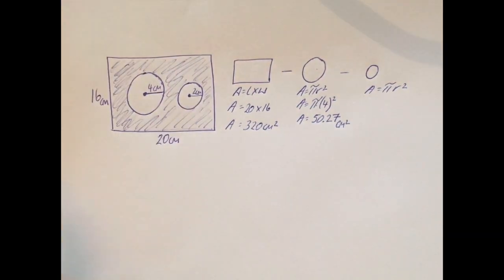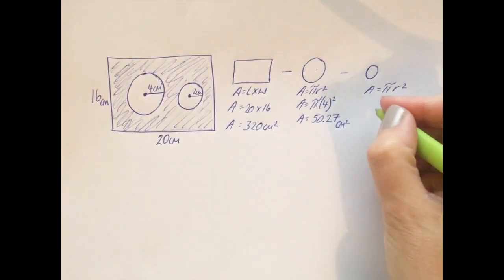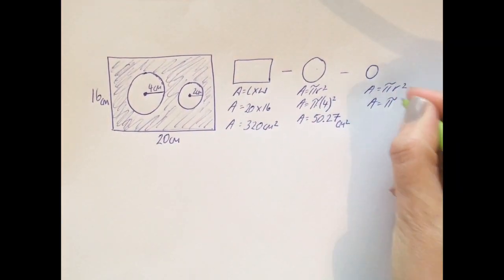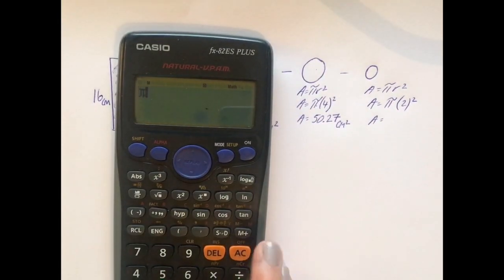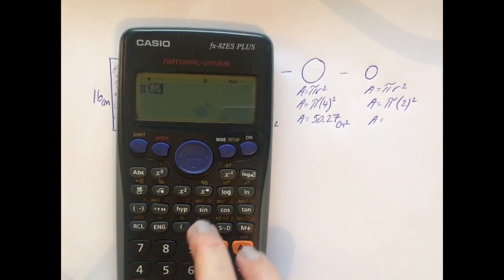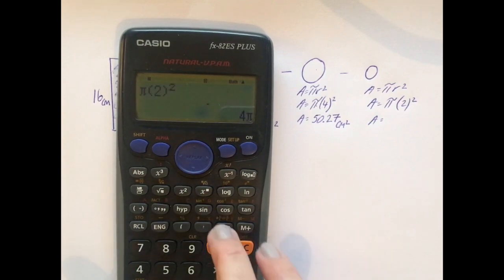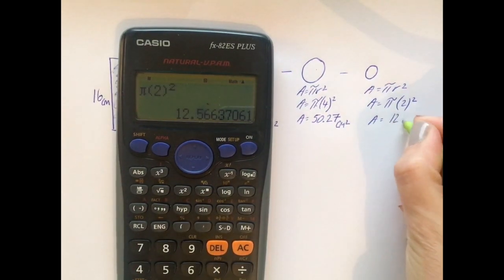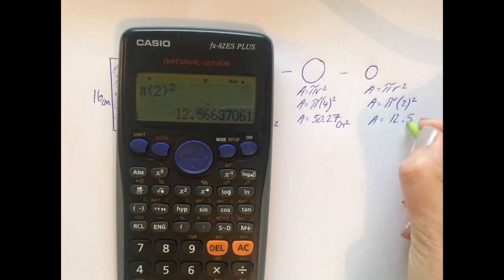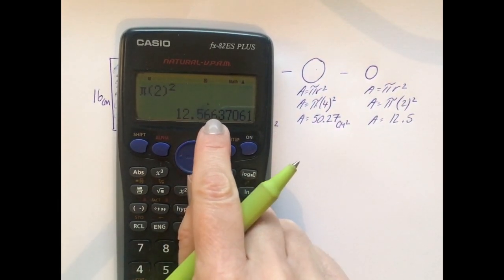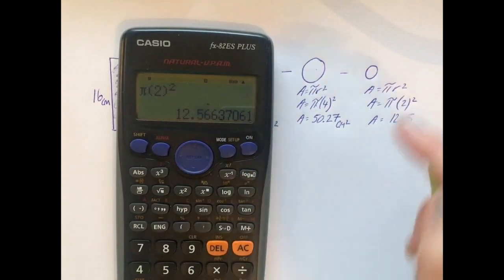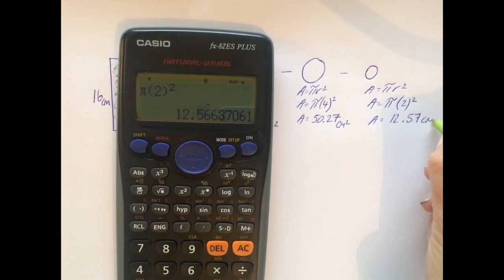And the smaller circle, of course, will be pi bracket 2, the radius of the smaller circle, squared. So that gives me, again, on the calculator, pi bracket 2 squared equals, and I'll give it to 2 decimal places, 12.56. The number after is also 6. That second 6 will bump that first 6 up to 7, so 12.57 centimeters squared.